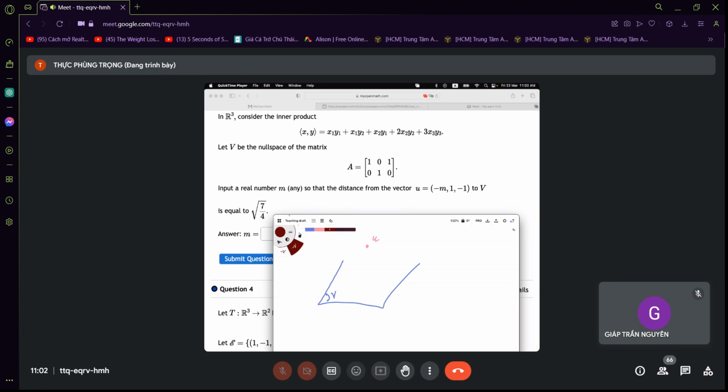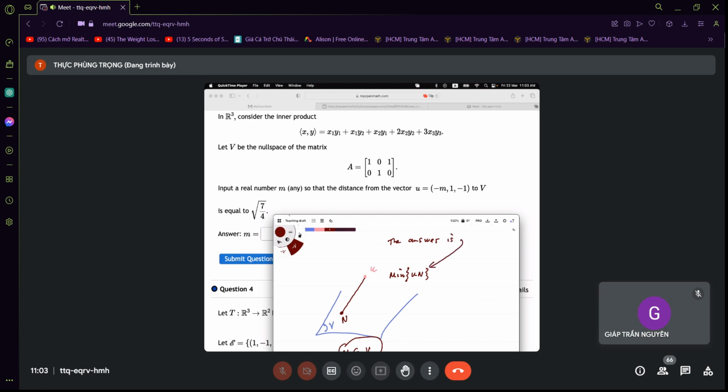Another way is that you look at any point right here, let's say n, you find the distance from u to n, and you find the minimum of this one, the minimum of the distance from u to n for n a point in V. So now the answer is the minimum of this one, right?